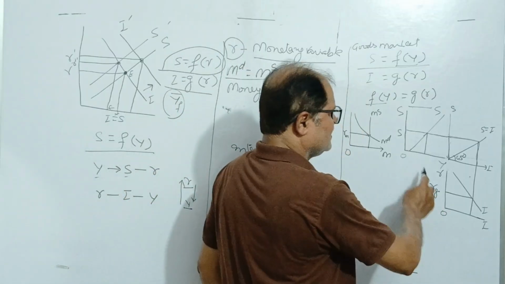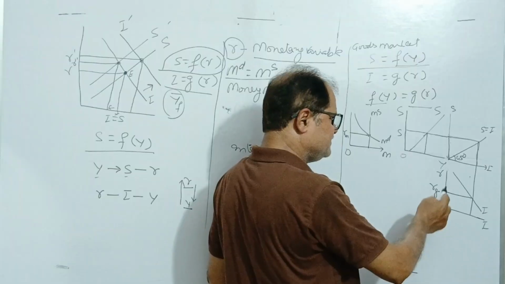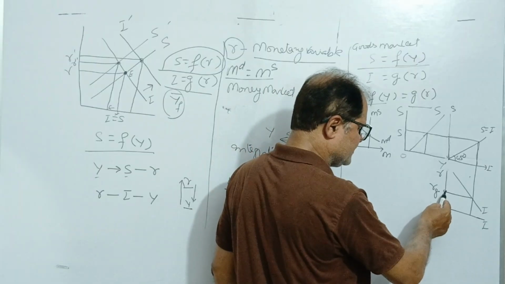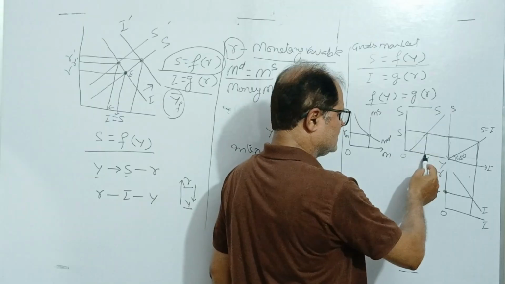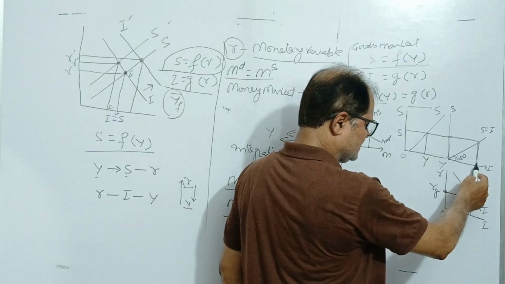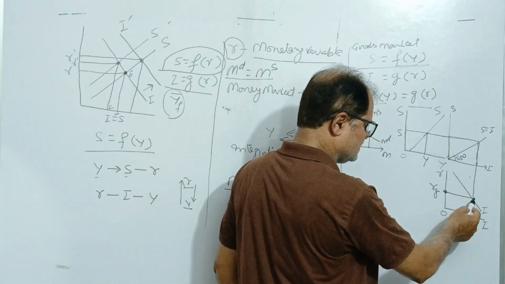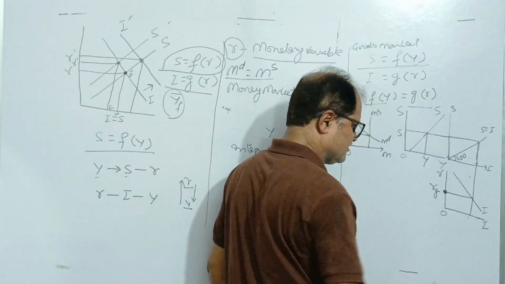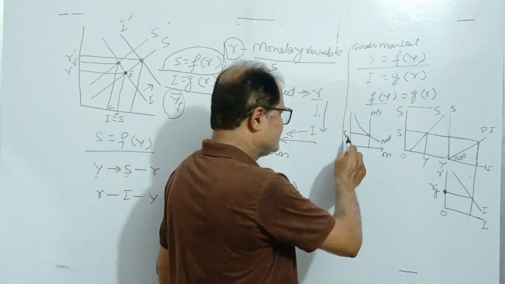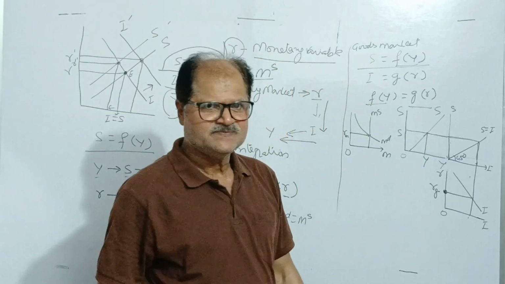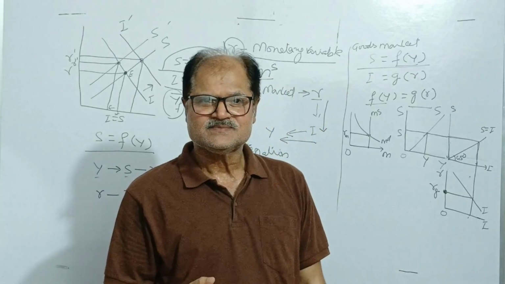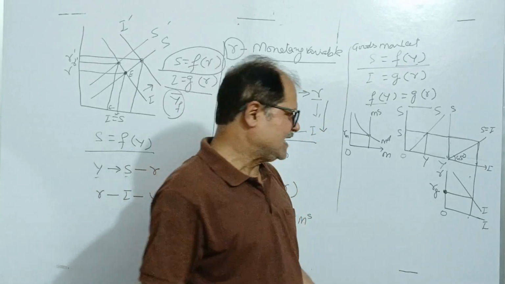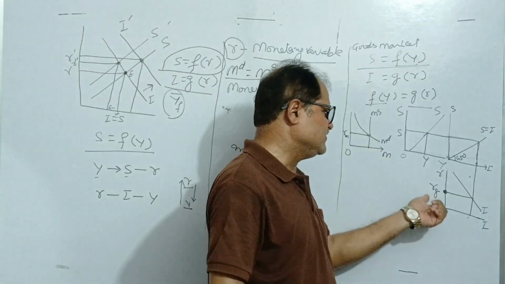Now, in goods market, this is the equilibrium rate of interest. If this is the income, this is saving, this is investment, and this investment can be obtained at this rate of interest. This is the rate of interest in money market. In Keynesian system, there is no mechanism which can ensure that these two rates of interest will be equal.